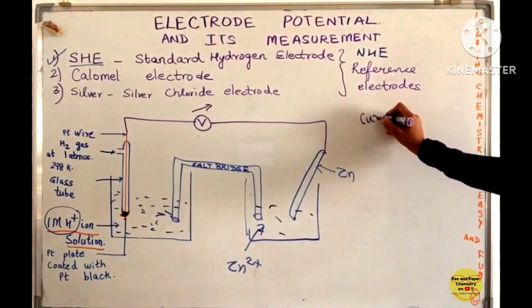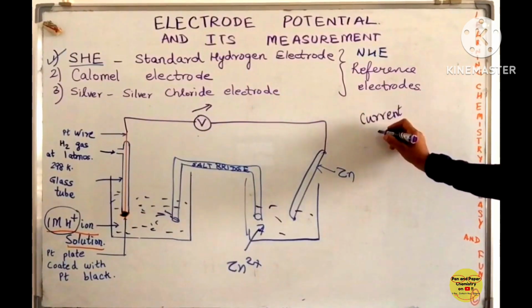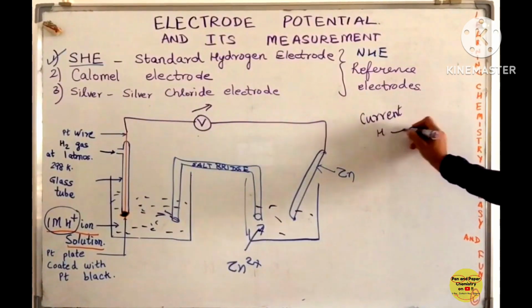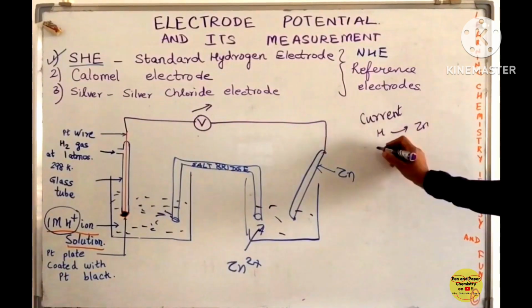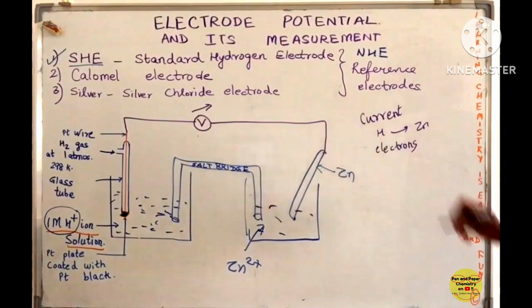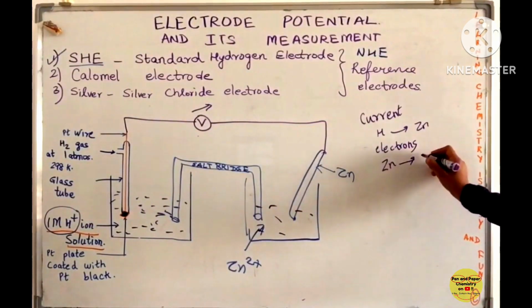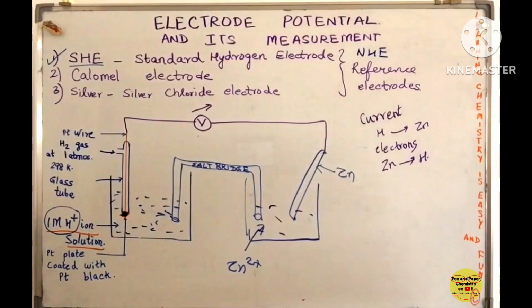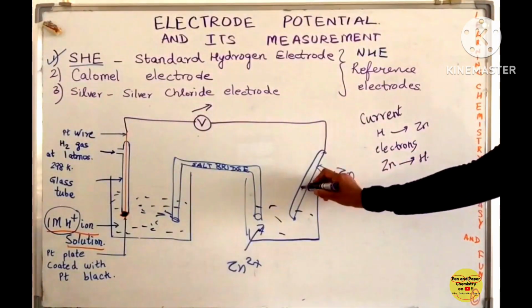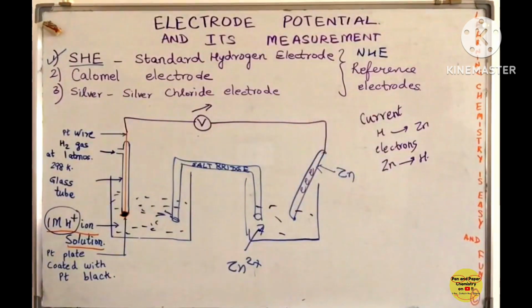So when we see the deflection, we see that the current begins to flow from hydrogen to zinc. What is the direction of flow of electrons? The direction of flow of electrons is always opposite to the direction of flow of current. In other words, there are more electrons on zinc and fewer electrons on hydrogen.